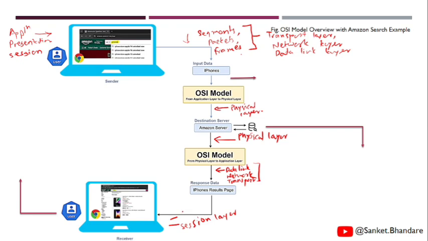Then the next one is the presentation layer, where your data will be translated into a format which that particular application understands, so it will be translated into the format that the Chrome browser can understand. And next is the application layer, and finally your data will get rendered on the application layer. These are the main layers and functionalities of the OSI model.